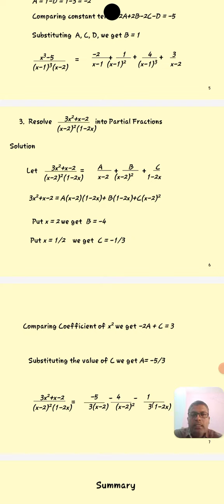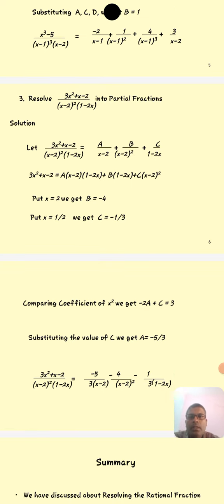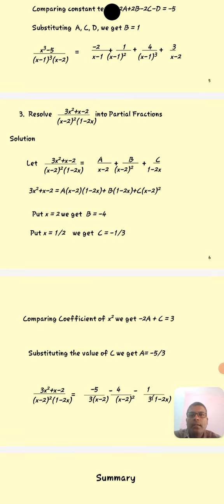Now let 3x square plus x minus 2 divided by x minus 2 whole square into 1 minus 2x be equal to. Here you observe in the denominator part, x minus 2 is repeated 2 times. So we write a by x minus 2 plus b by x minus 2 whole square.